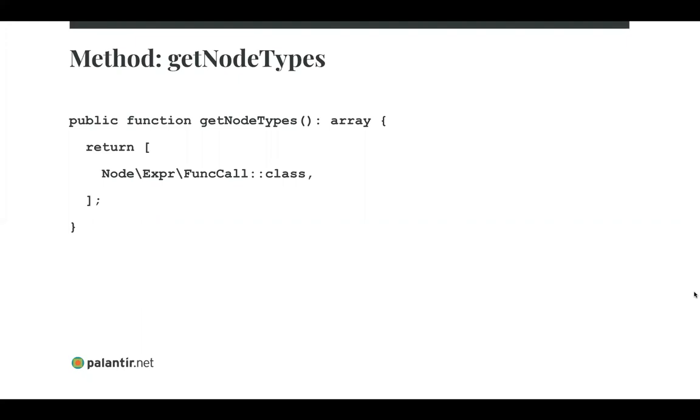In this case, there's a bunch of classes that define all those different things. A function call is a type of expression, a subtype of expression, and the ::class means that this is going to take the string from that and say that this Rector applies to anything that's a function call. So it only runs on those.